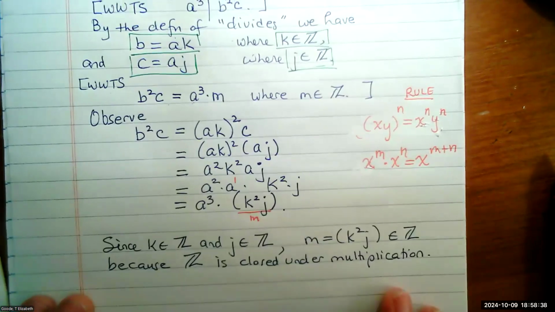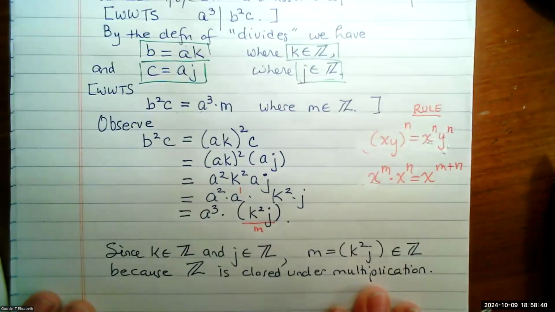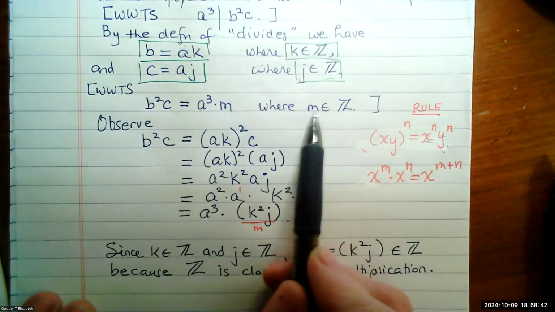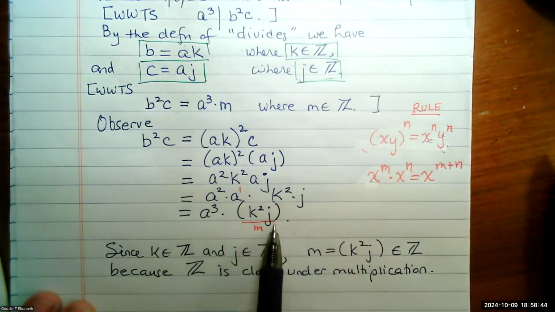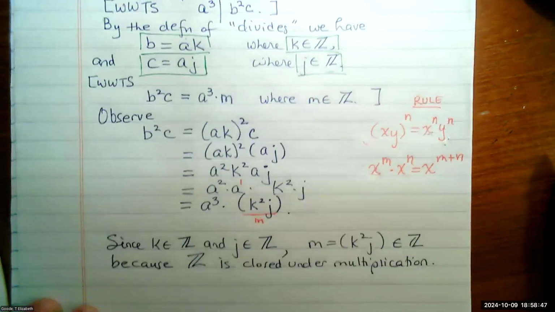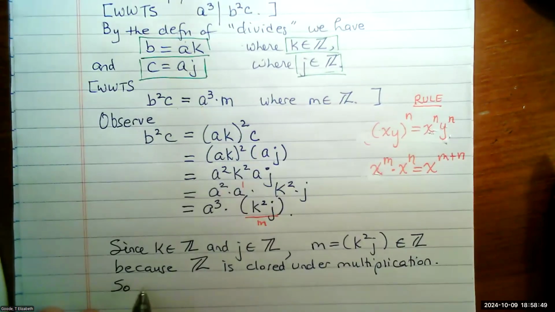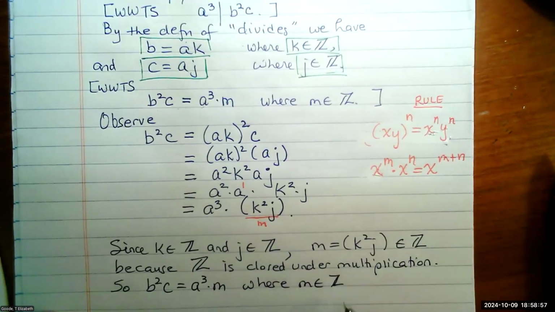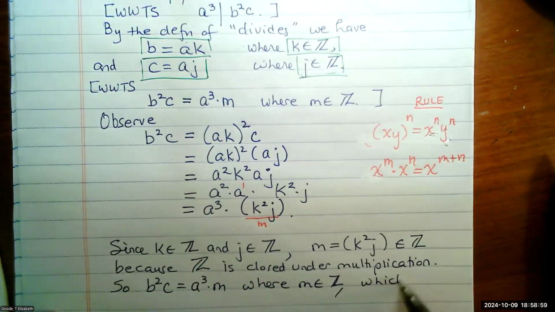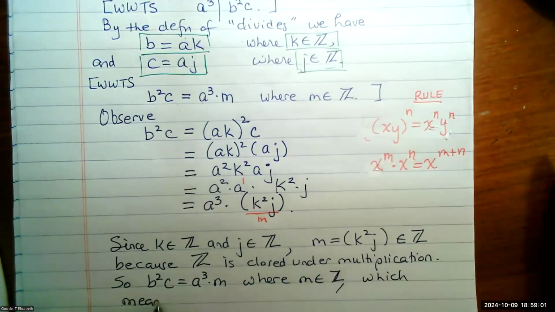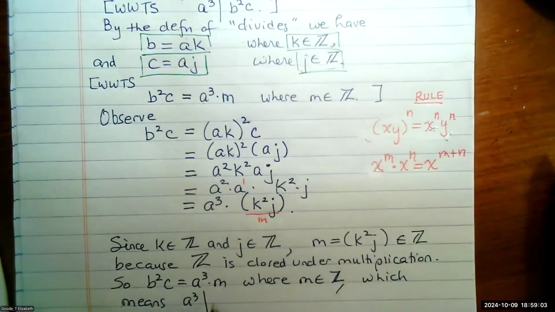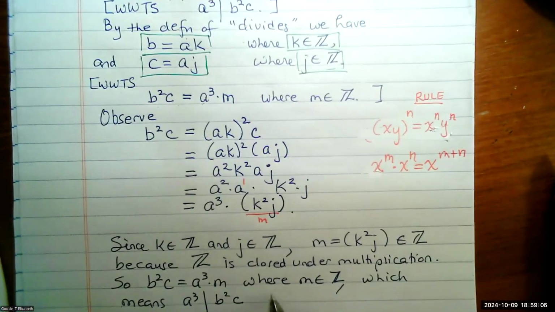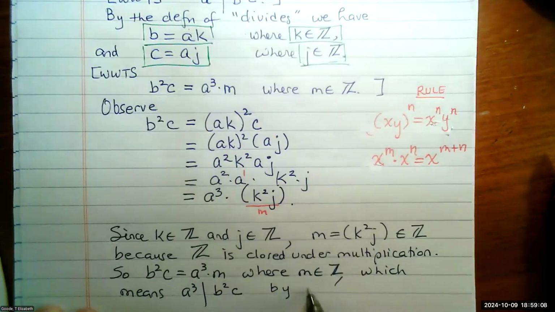And so we've gotten part 2 of the definition of divides done. We've just argued that M, which is our K squared J, is an integer. So now we can just wrap it up. So B squared C equals A cubed times M, where M is in Z, which means A cubed divides B squared C by definition of divides. And that's what we wanted to show.